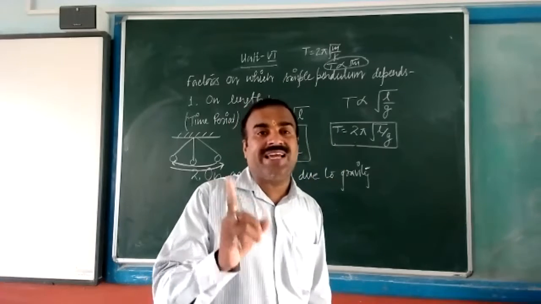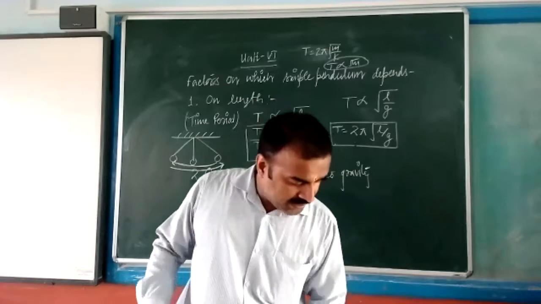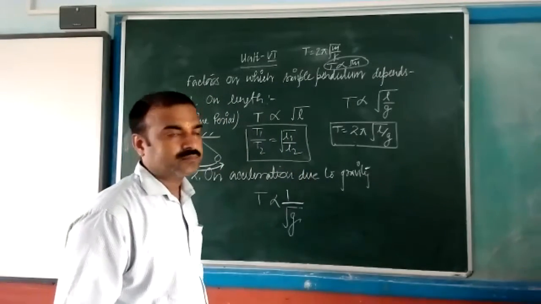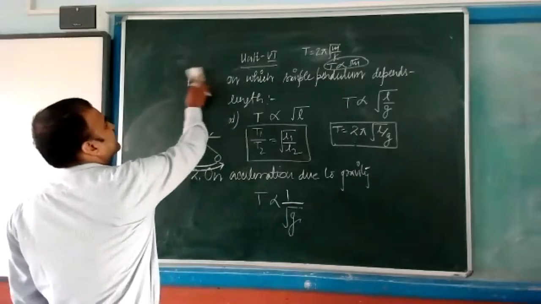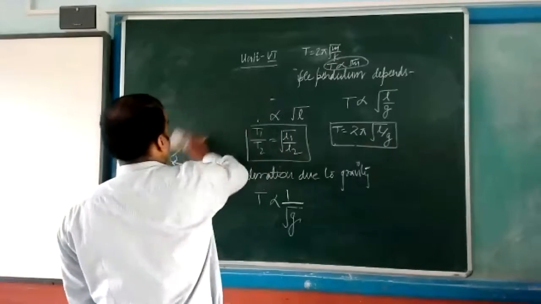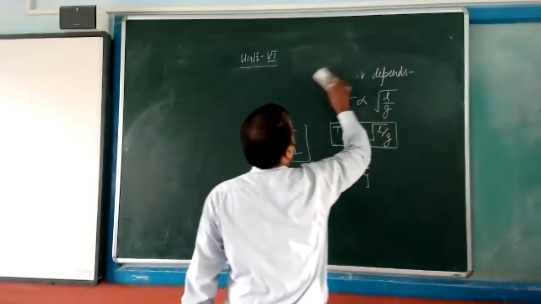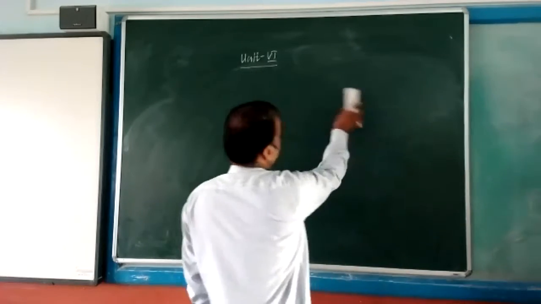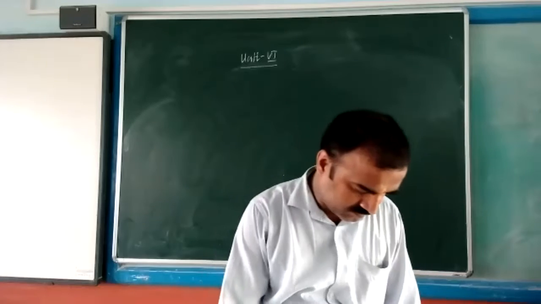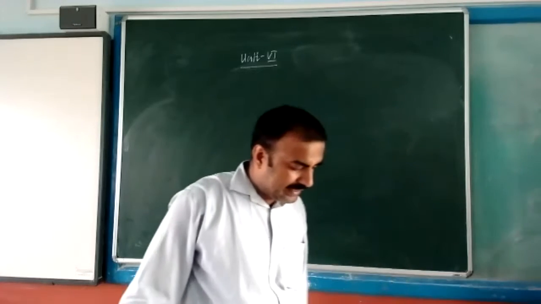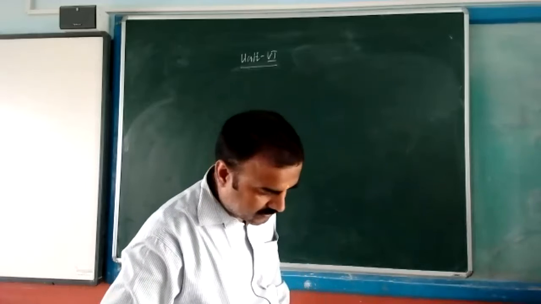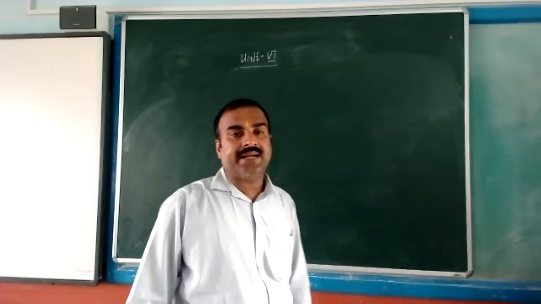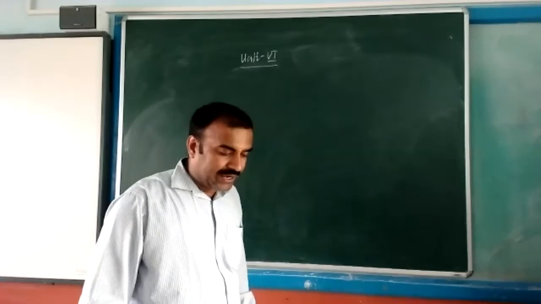Only one problem I will explain from each practice problem. Just see page number 24. Just open it. First problem: calculate the time period of a simple pendulum of length 0.84 meter.